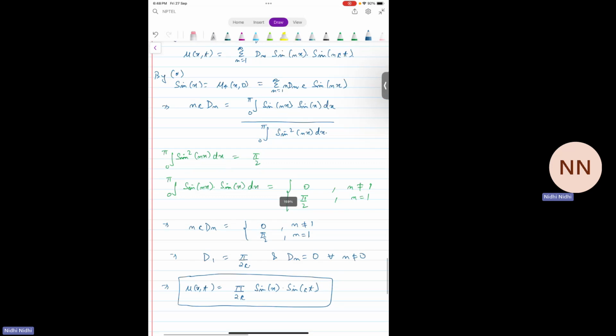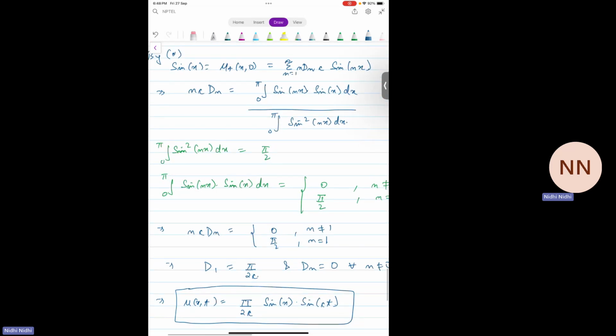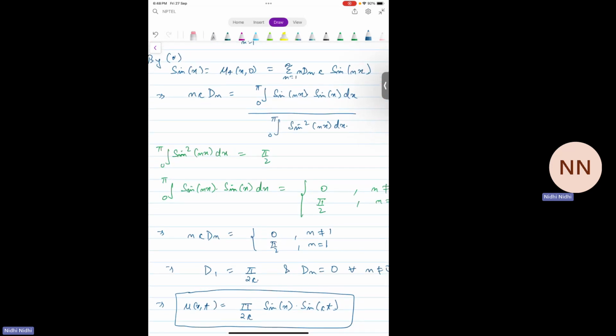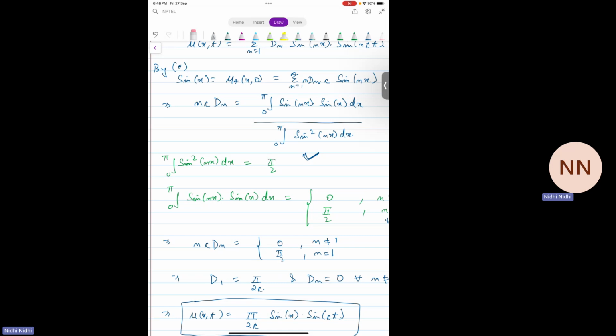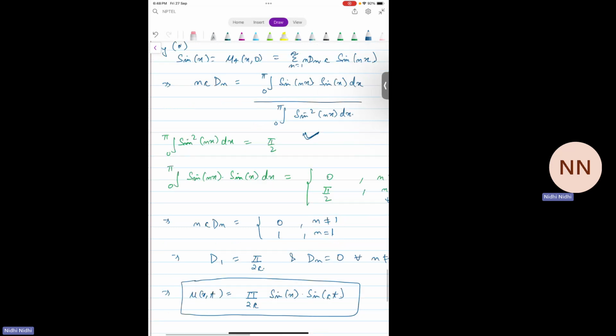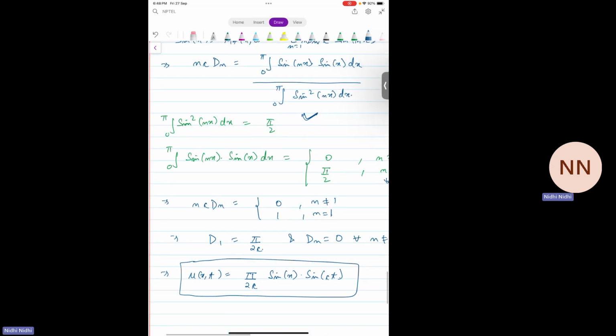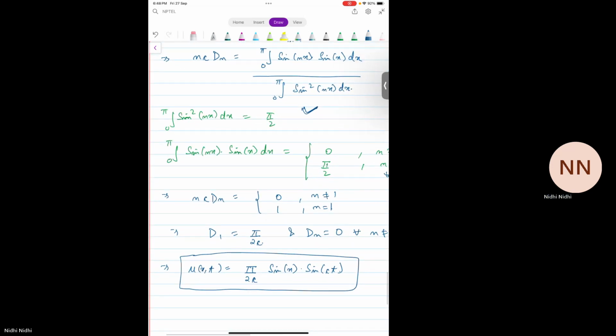So to find this dn, we need to divide this term by pi by 2 as well. So this will be 1, and hence d1 will be just 1 by c.